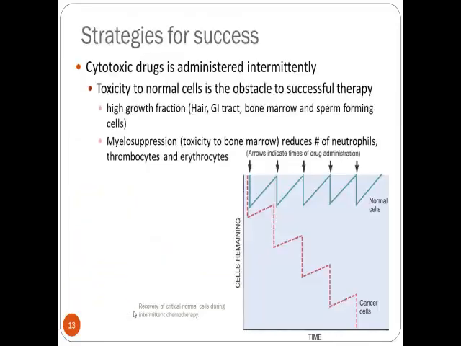Strategies for success. So one of the big things with cancer chemotherapy is, as we said, it also kills normal cells, right? So hair, GI tract, bone marrow, sperm-forming cells are some of the cells.